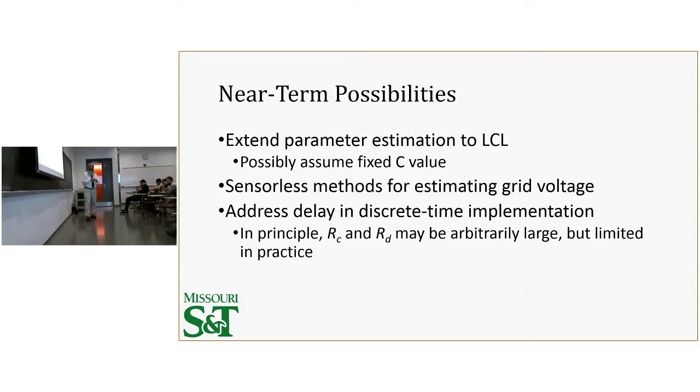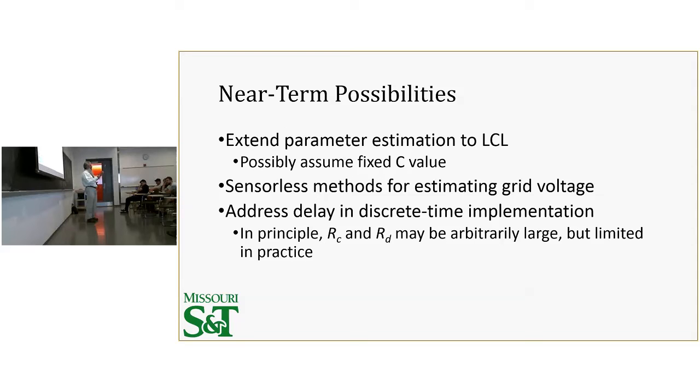We've developed a couple of different methods for estimating the grid voltage. We want to sense the grid voltage. That's an important thing in a grid tied inverter. But where do you sense that voltage?